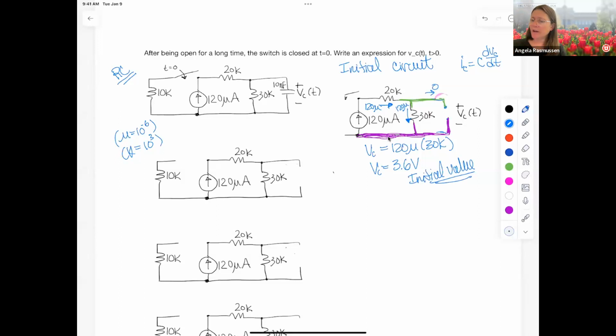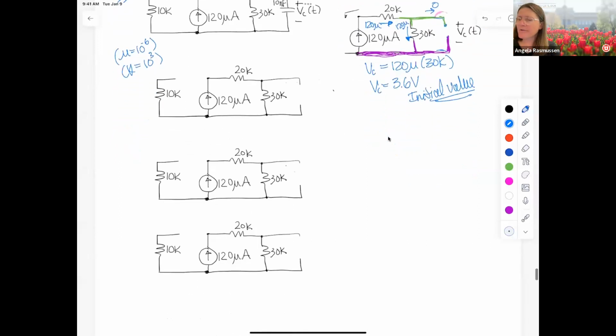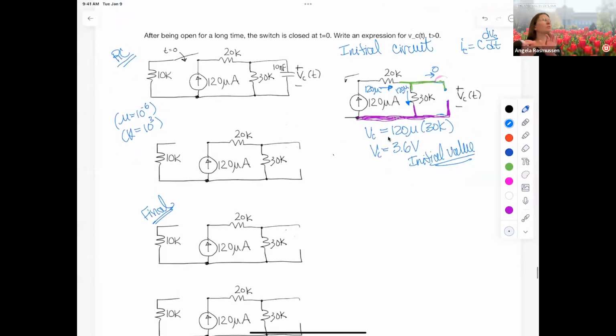So now I want to find a final value. So in the final, what is this? This is usually how you'll see some of these. I usually just recopy the circuit, leave out the inductor or capacitor in there, and then leave out the switch. And then I go back and determine what is the position for each one.